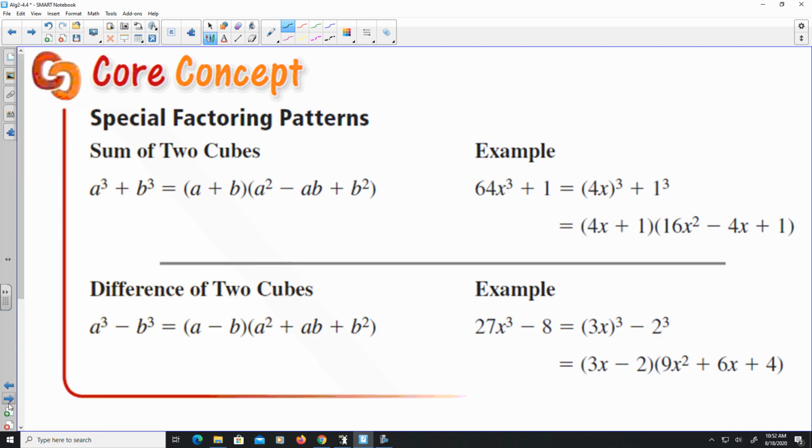The new concept or new formula that we'd be looking at is the sum of two cubes or the difference of two cubes. Now, how are you going to be able to identify what set of binomials is going to be a sum of two cubes or a difference of two cubes?